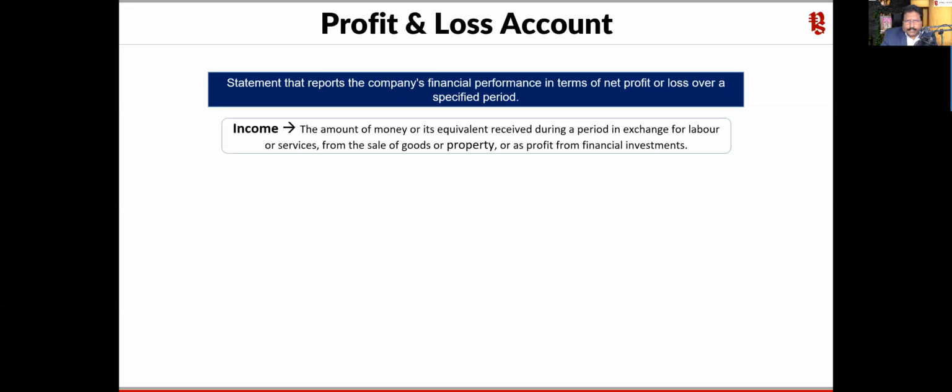What is an income for an organization? The amount of money or its equivalent received during a period in exchange for goods, services, labor, or sometimes you get an income out of the sale of property, right? Or you make a profit, or there is an income out of financial investments.